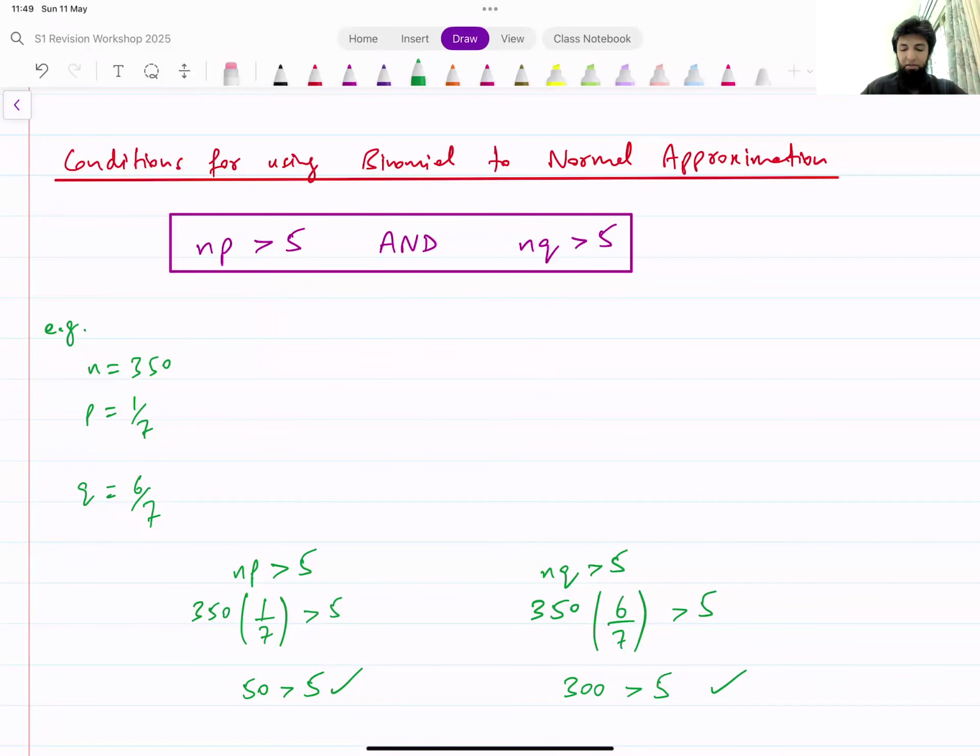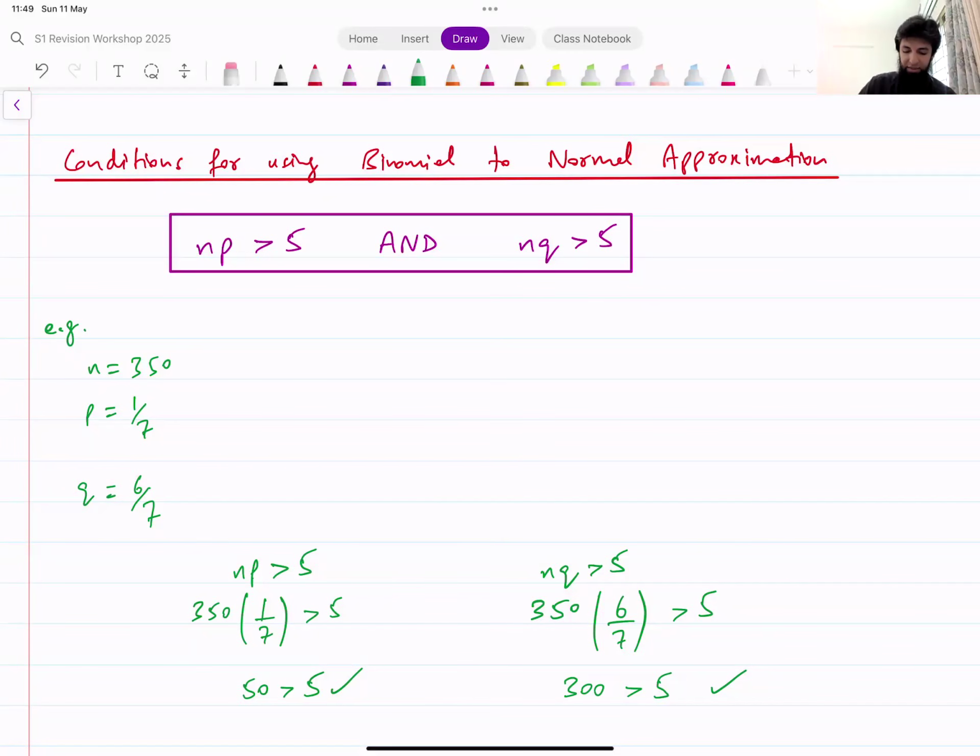For an approximation from binomial to normal to be reliable, both of these conditions have to be satisfied. If any of them is not satisfied, then we cannot use the approximation. The result that we get is not going to be a good estimate. It's not going to be reliable.